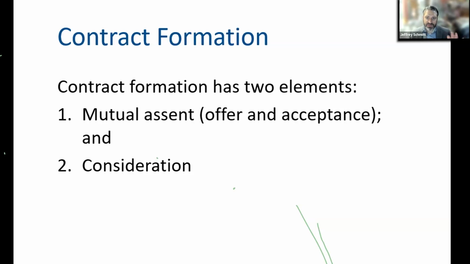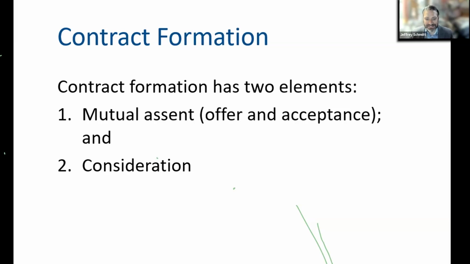I thought we would start here towards the beginning. I say towards the beginning because really the first thing we cover in contracts is a bunch of background on where the law comes from. Long story short, it is common law. We have the English system that we inherited from Great Britain, and so it's a common law system, meaning that there is no code of contracts that governs most transactions.